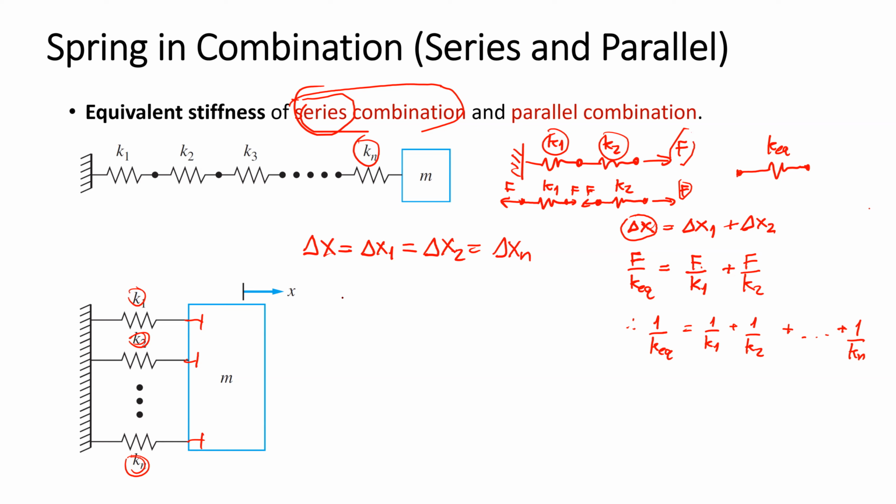And the force, the total force is the combination of force in the spring 1, spring 2. Maybe if we have n spring, the force generated by each component combined with each other will be the total force. And the stiffness equivalent multiplied by the displacement will be the total force.